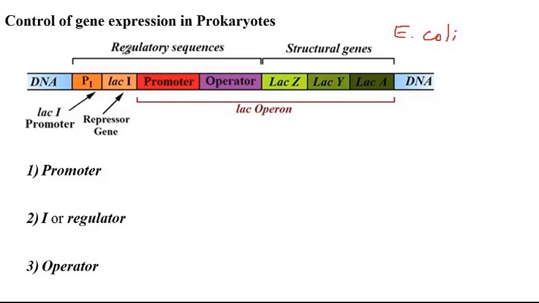Now the components of this lac operon include, for instance, the promoter, which we just discussed. It's the site where the RNA polymerase can bind to. Then we have I, or regulator, which is translated into repressor protein.